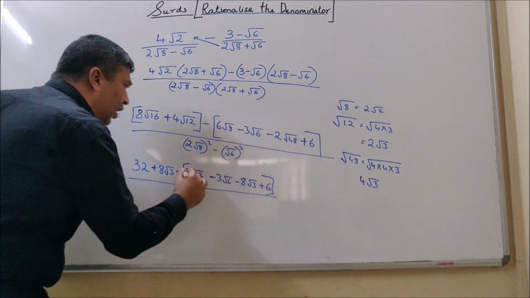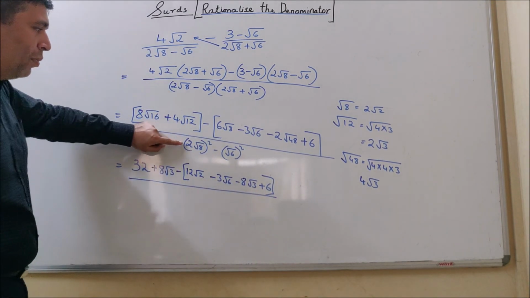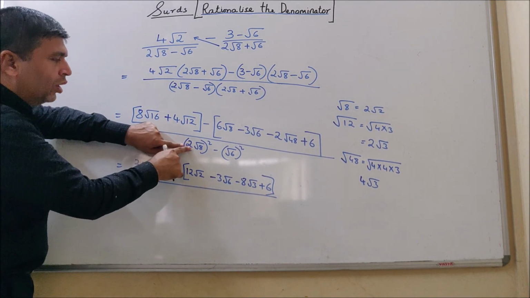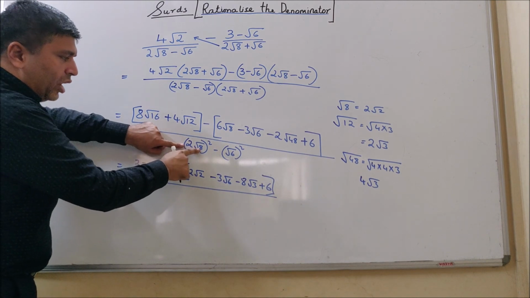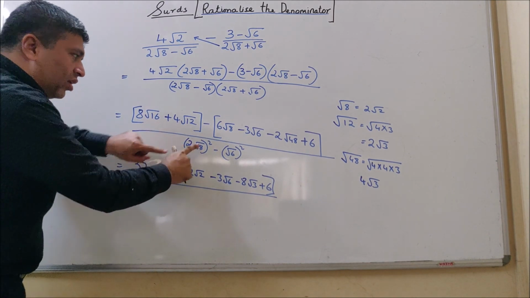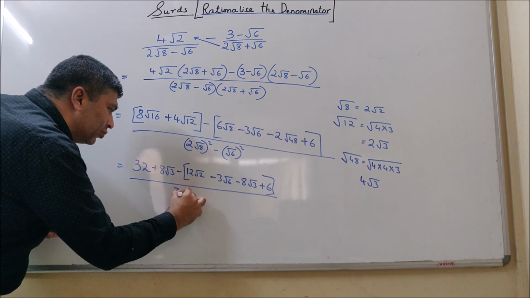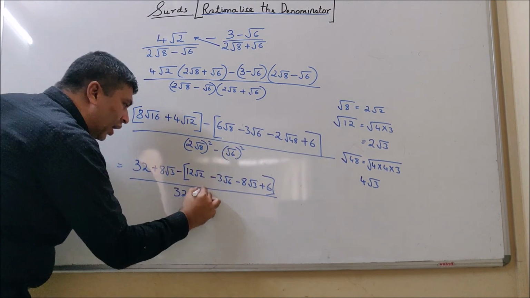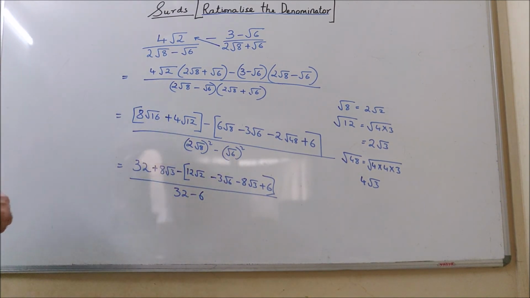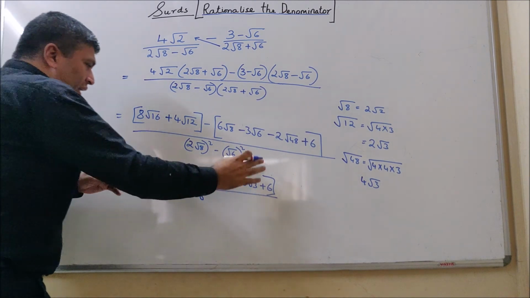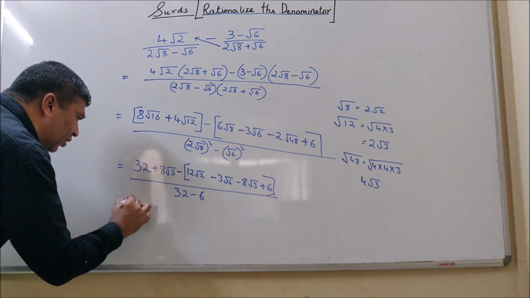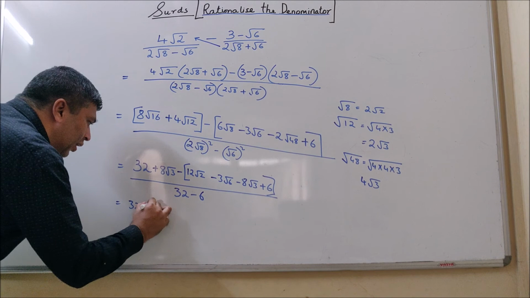This is my numerator. As far as the denominator is concerned, what's the square of 2? It's a 4. 4 into 8 is 32. And this is a 6. Now, open the bracket. When you open the bracket, the things will get simplified.